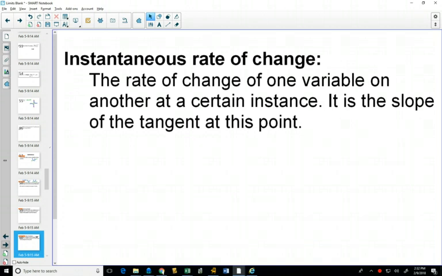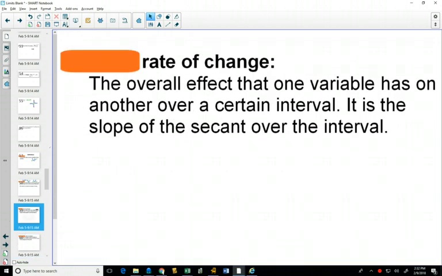And every time that I looked down at my speedometer and saw it at that instant, that is my instantaneous rate of change. That's how fast I was going at that moment. But if I look at the whole thing, that is my average rate of change.